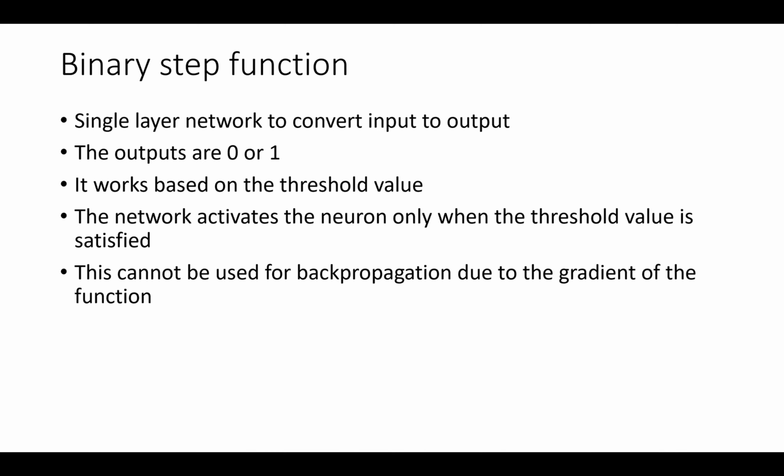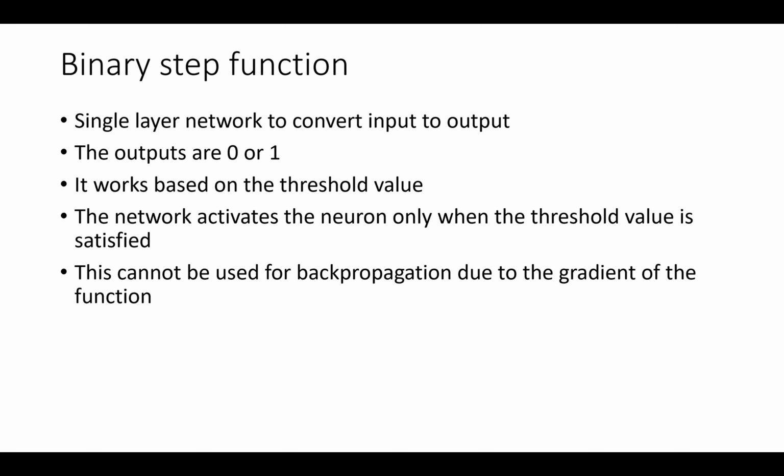So, although this was found useful in previous years, the main issue being, as I mentioned earlier in the videos, the feed forward back propagation function is quite useful because it takes the errors back and gives a better result in the next run. But when we use this binary function, we lose the advantage of feed forward because, as I mentioned earlier, the values are either 0 and 1.